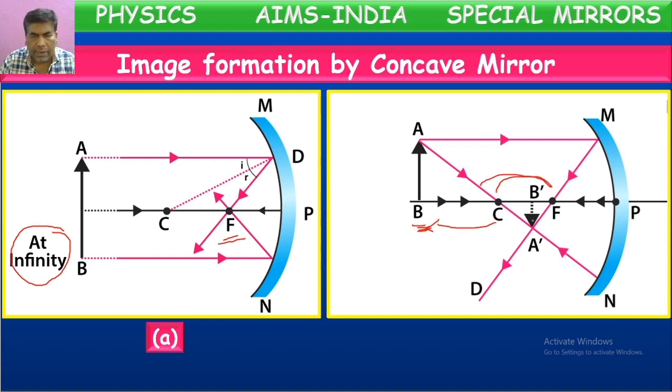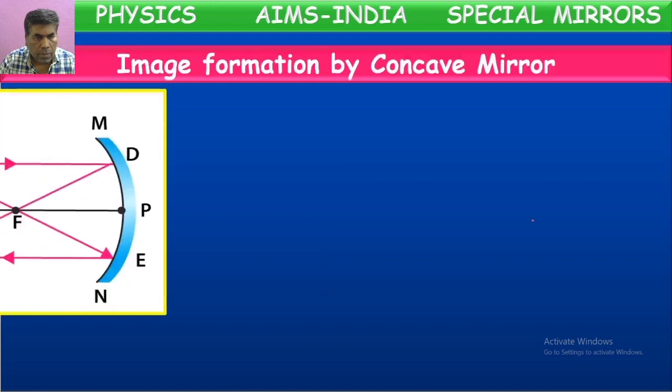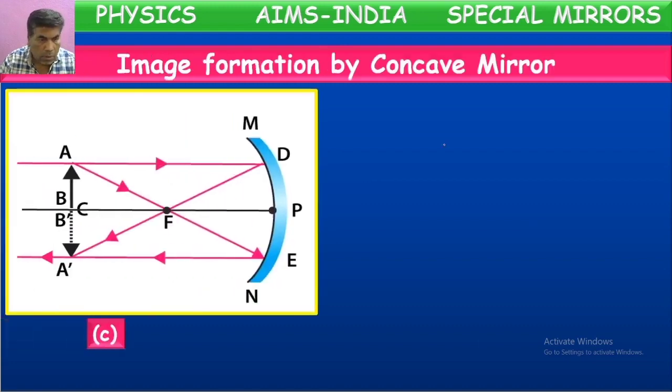Inverted image. We can catch the image on the screen, so it is a real image. This is case 2. Case 3. When the object is at the center of curvature, the image is also formed at the center of curvature. The size will be the same. Real image, size will be the same.